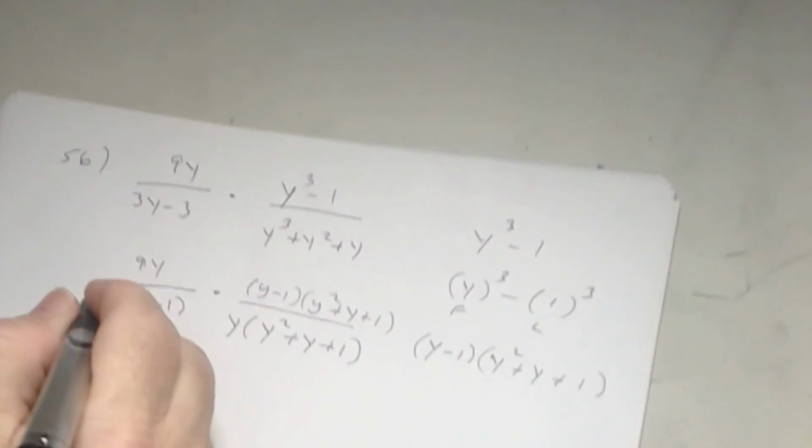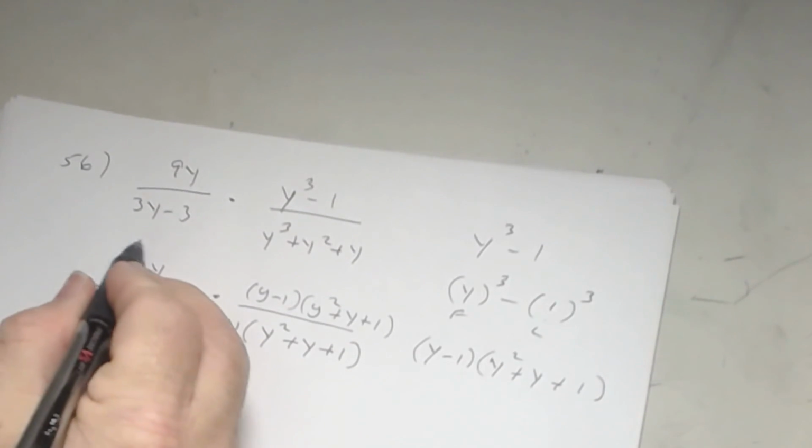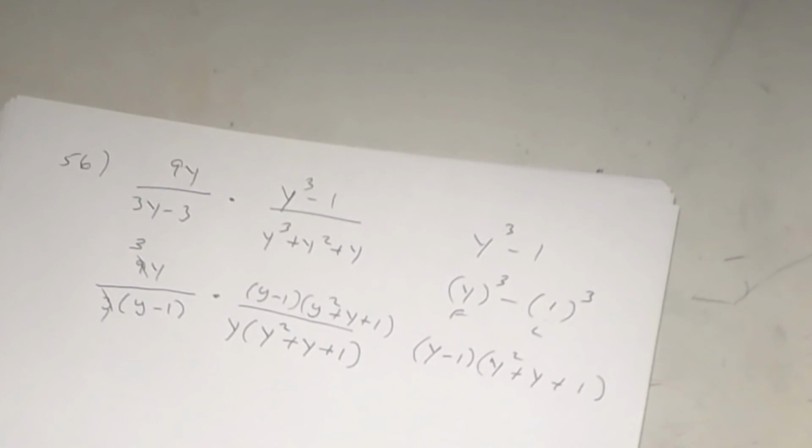Now let's go through the factors. What's the first factor you see? 9 is the first factor. Will 9 reduce with any factor down there? The 3. So 3 into 3 is 1, 3 into 9 is 3. What's the next factor you see? Does that y reduce with a factor y anywhere in the denominator?